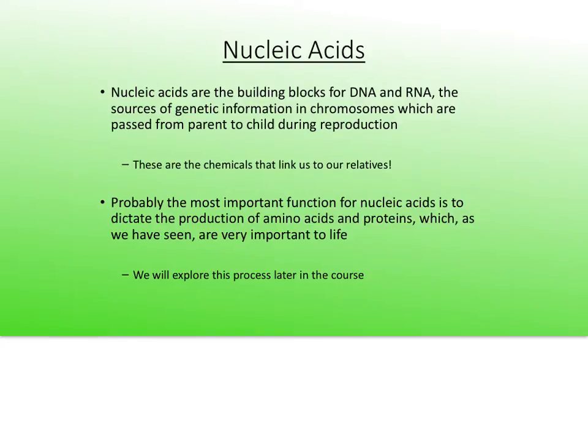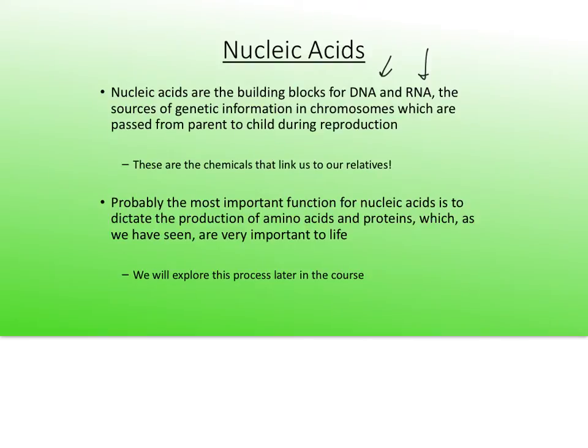So nucleic acids, hopefully you remember, are the building blocks of DNA and RNA, which are the sources of genetic information. So you have chromosomes in your cell made of DNA. These chromosomes pass from parent to offspring. So while these do not have a dietary function for us, they are extraordinarily important because they are what make us related to our family members.